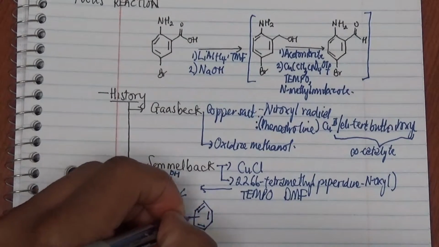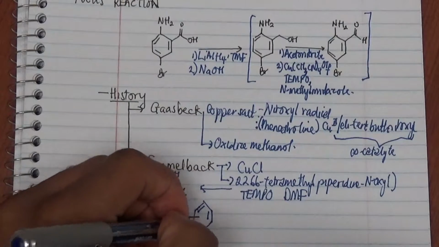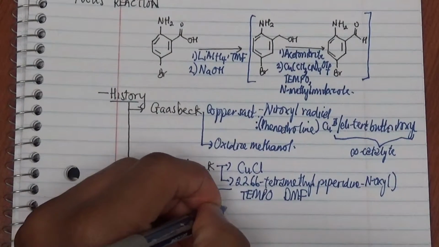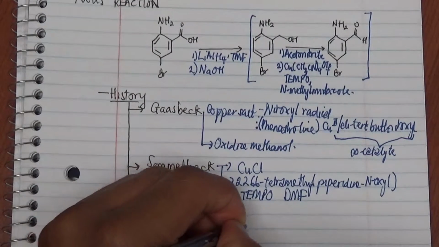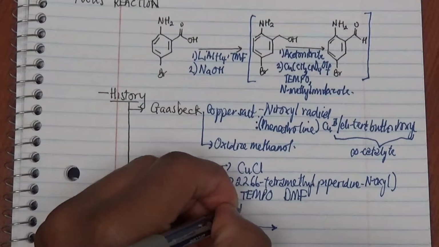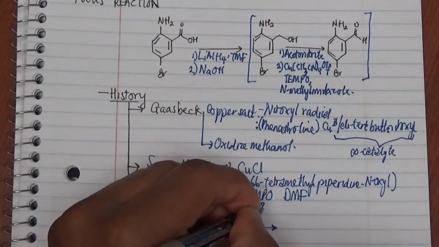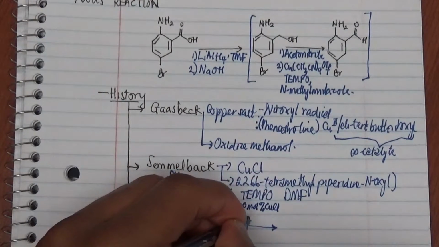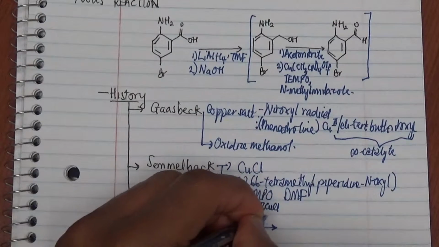So this side here being any position where this methyl group is attached, and then you have a hydroxyl group over here. And what he did was that he used 10 mole percent of copper chloride and 10 mole percent as well of TEMPO.